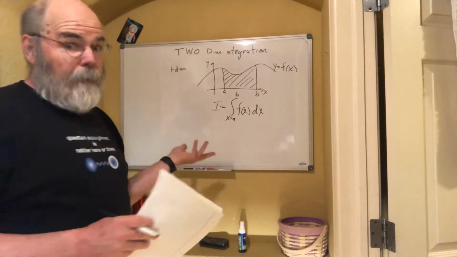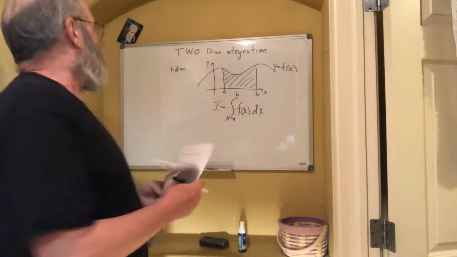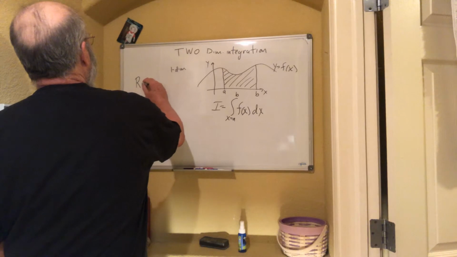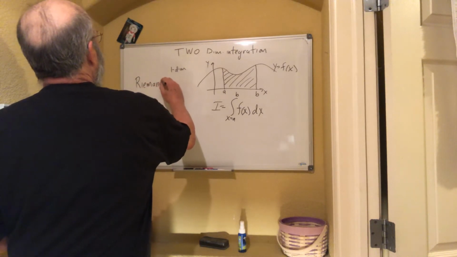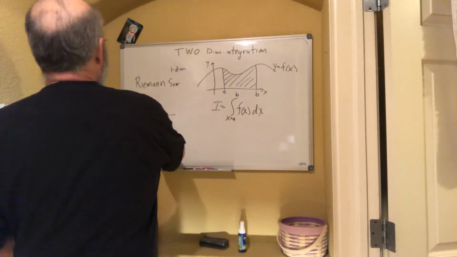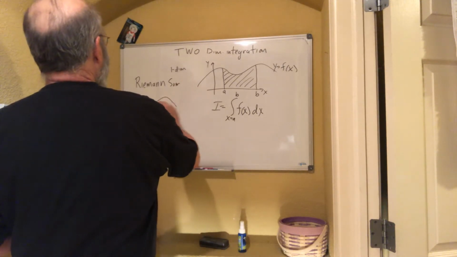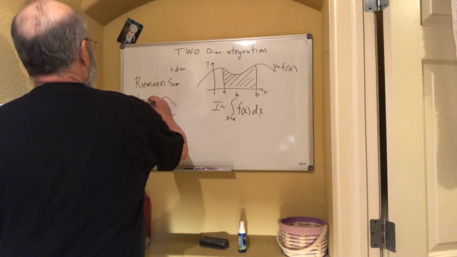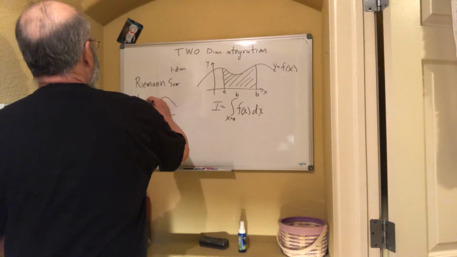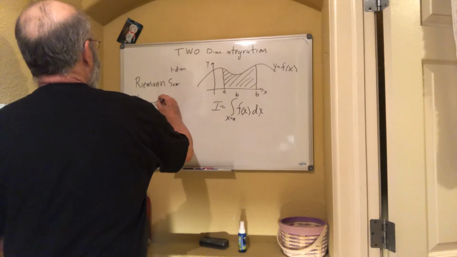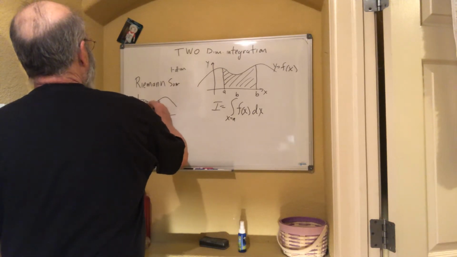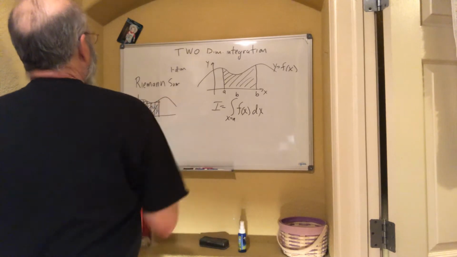Geometrically, you make sense of these with Riemann sums, and I don't really want to spend much time on this at all. But the idea is, once again, there's our function, and you can approximate it by breaking things up into little boxes, and we'd only keep track of what's in there.